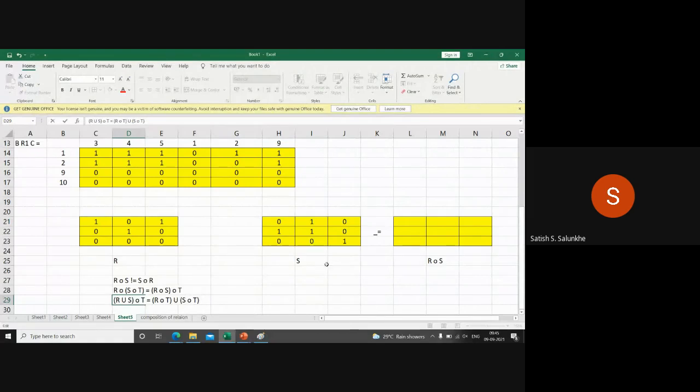Vice versa, if you have R composition (S union T), similarly the inner operator, union, becomes the outer operator, and the outer becomes inner.